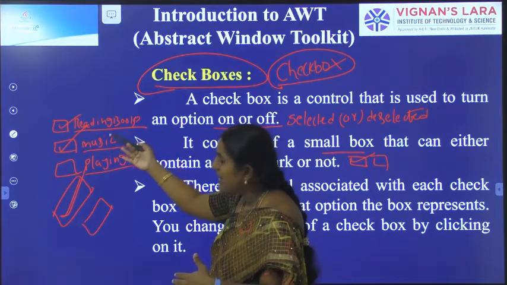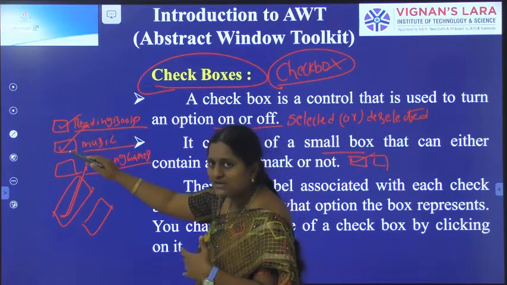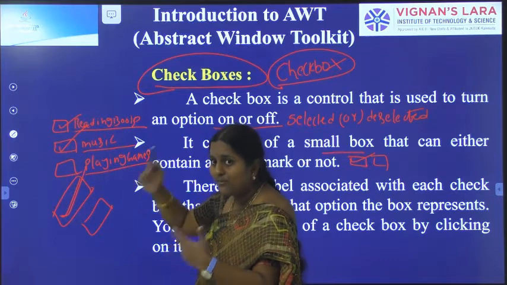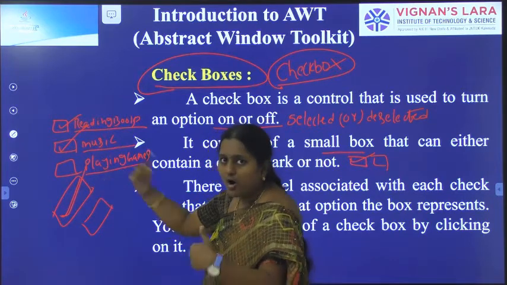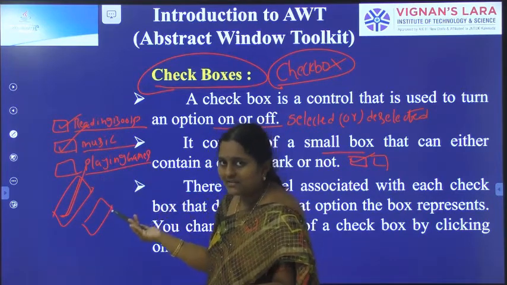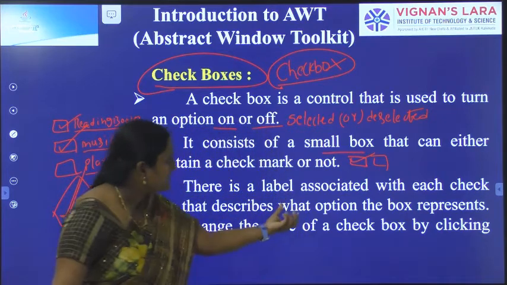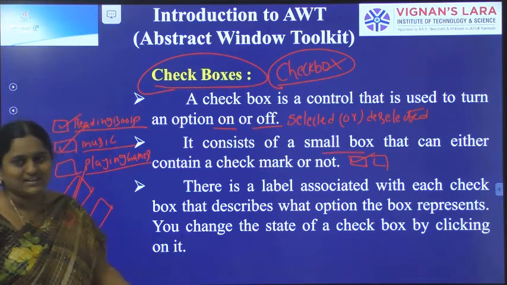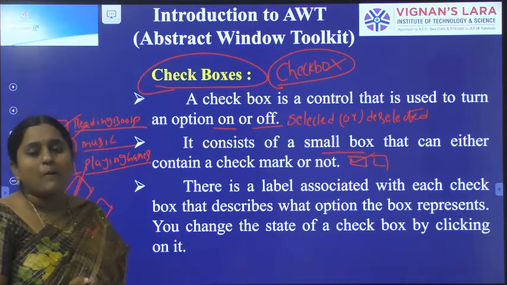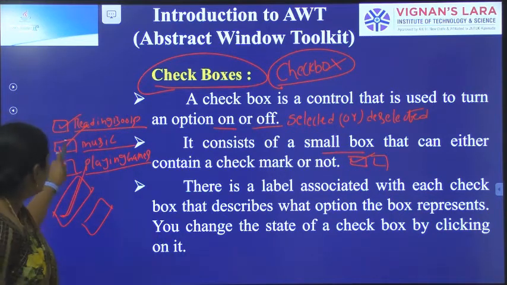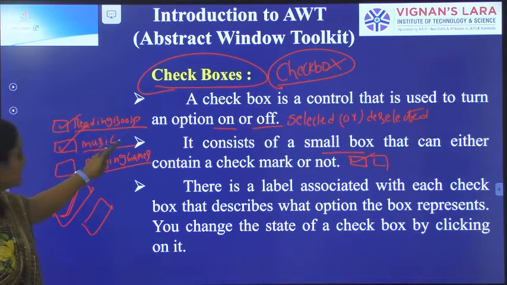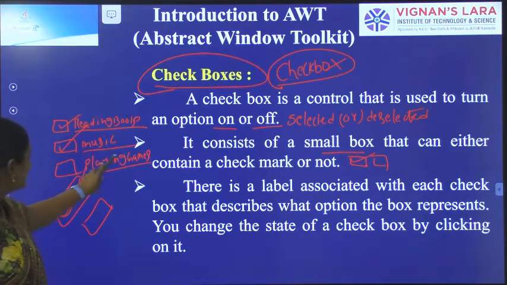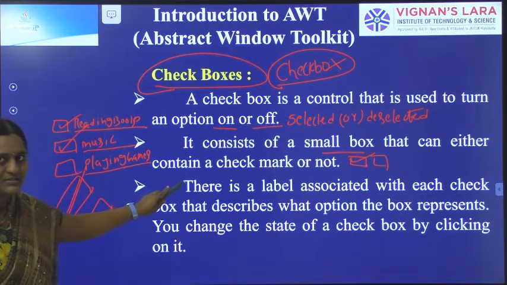With the help of the label, I easily identify which checkbox I am marking. The label describes what option the box represents: this box represents reading books, this box represents music, and this checkbox represents playing games.